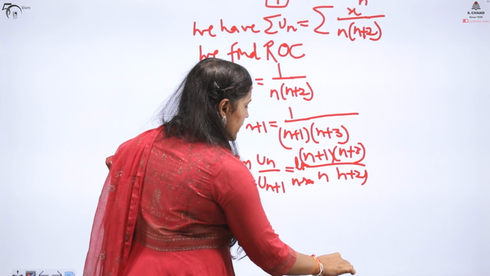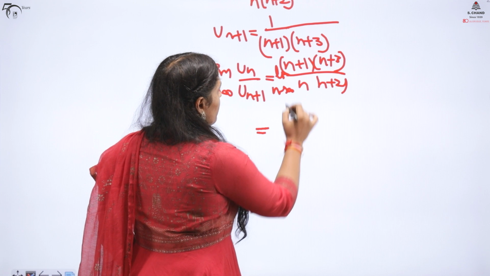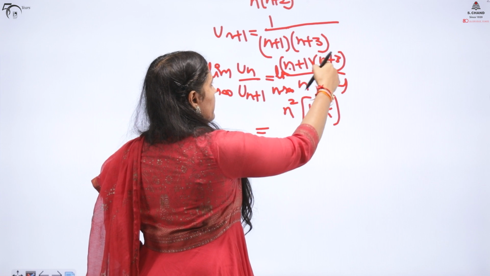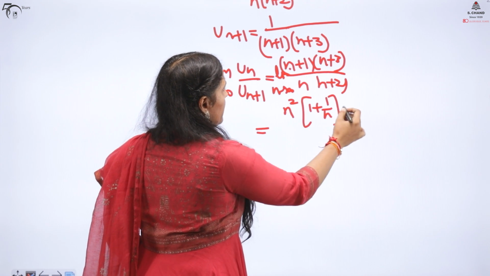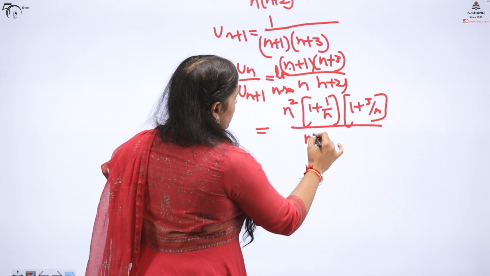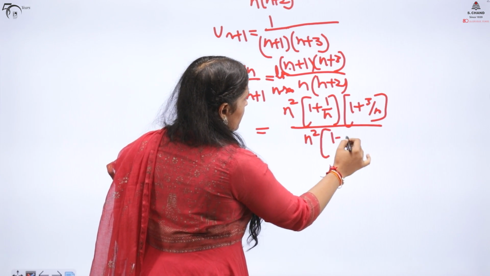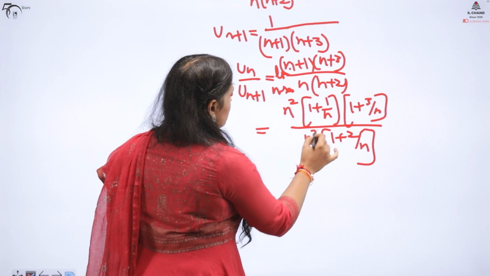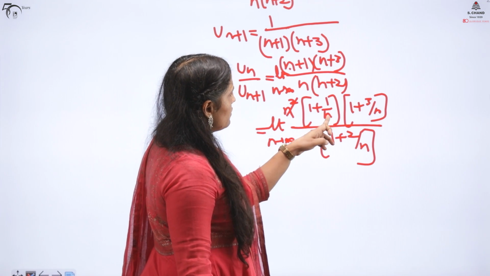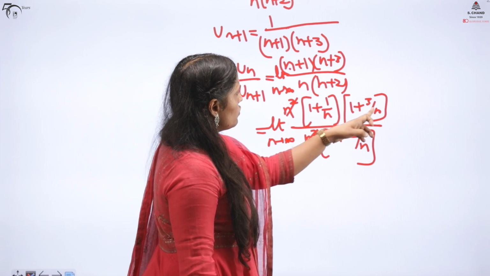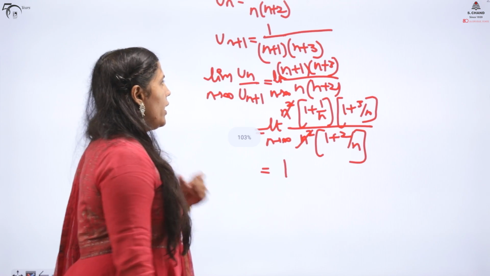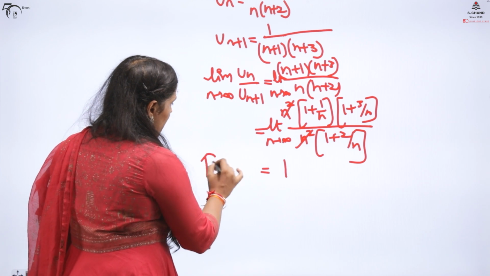Take n common: n square, then 1 plus 1 by n, then 1 plus 3 by n, then n square and 1 plus 2 by n. When n tends to infinity, 1 by n is 0, so ultimately you get 1. The radius of convergence comes out to be 1.